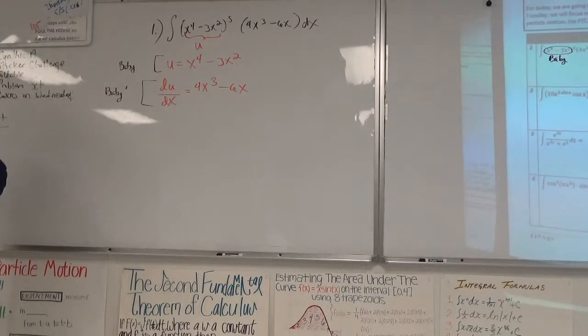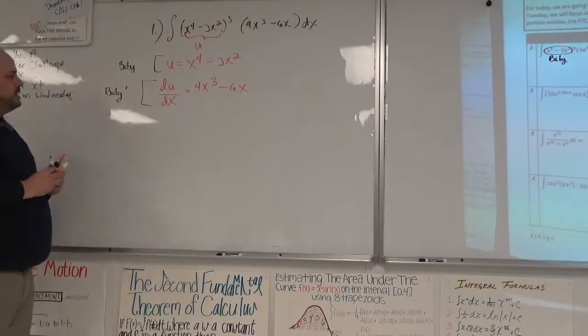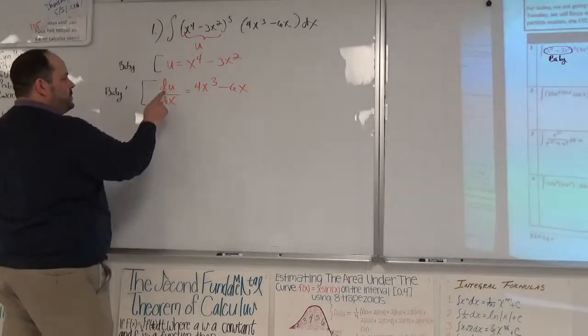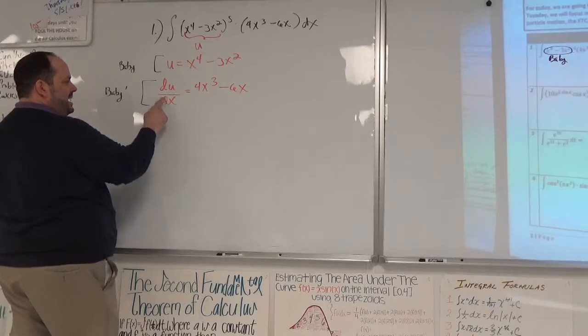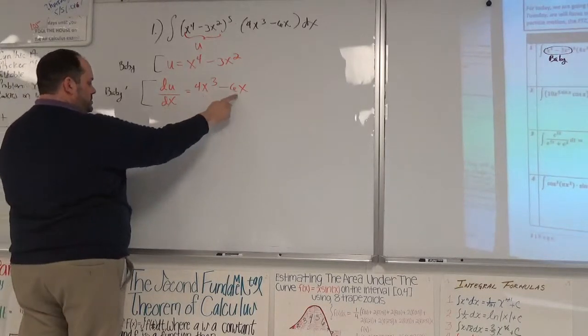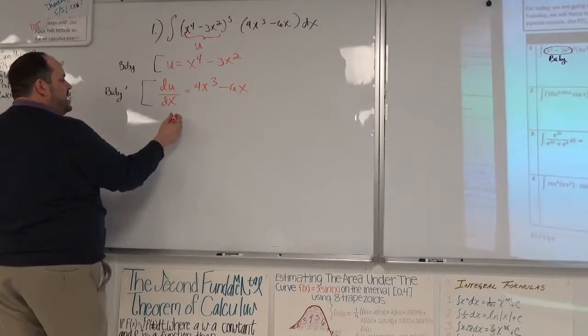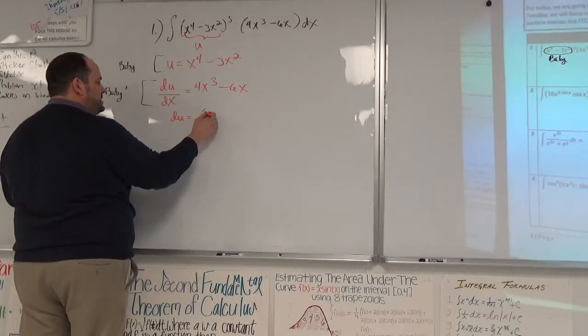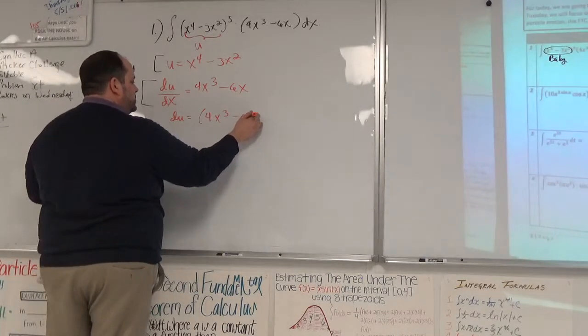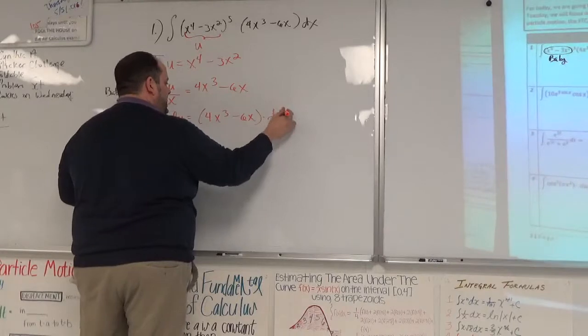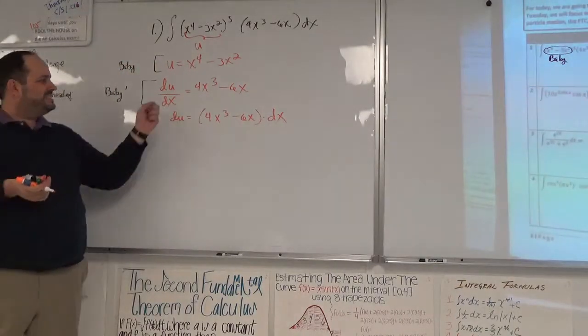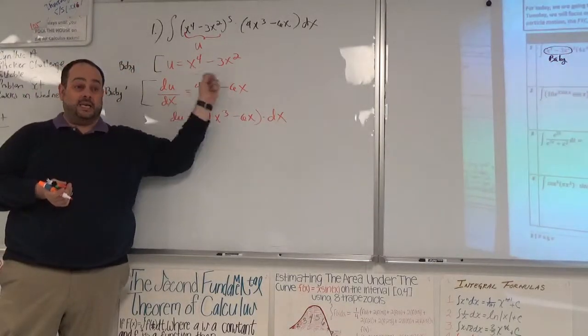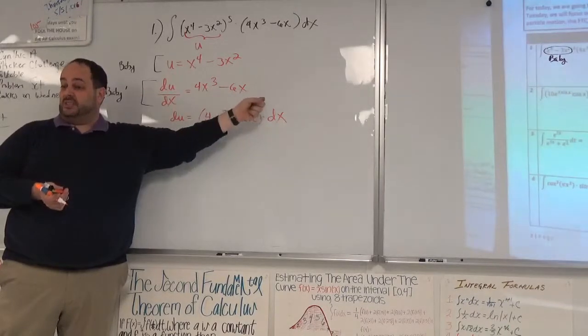Now, have faith in me. I am not lying to you. If du divided by dx, the derivative of u with respect to x, equals 4x cubed minus 6x, then it's also true that du equals 4x cubed minus 6x times dx. Basically, I'm multiplying both sides by dx.